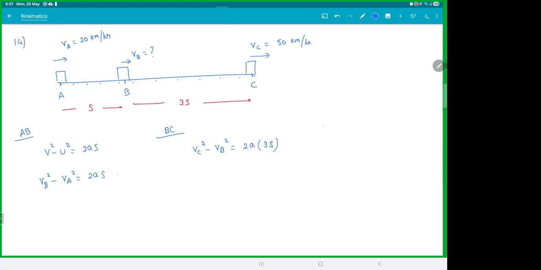There, you're done. So this is equation 1 and this is equation 2. Take equation 1 and equation 2 and divide them. You get (VB square minus VA square) by (VC square minus VB square) will be 1:3. Cross multiply. You get 3VB square, VB square.